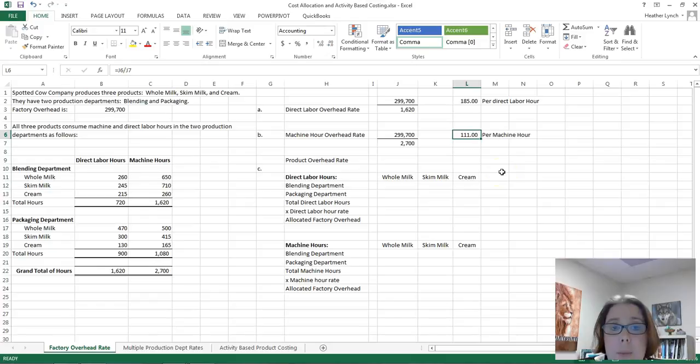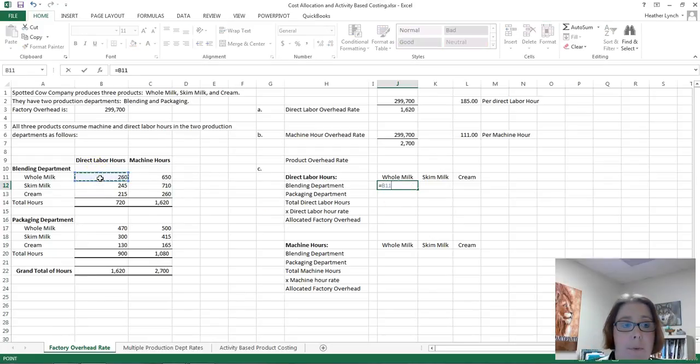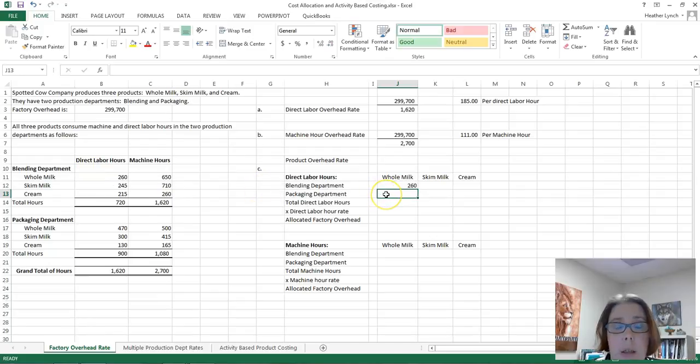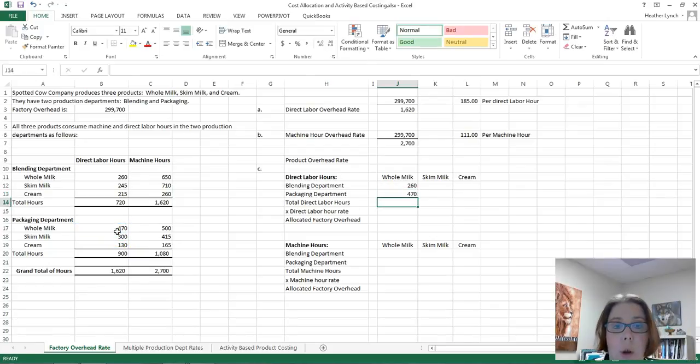Then I want to look at my production overhead, and I'm going to base it off of whole milk, skim milk, and cream. I want to know for each department what it is. For my blending, I have for whole milk 260. For packaging, I have 470. My total direct labor hours are those added together, so that's 730.